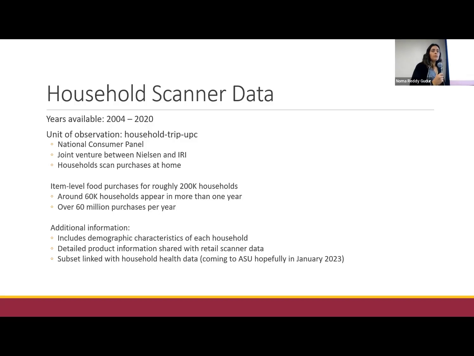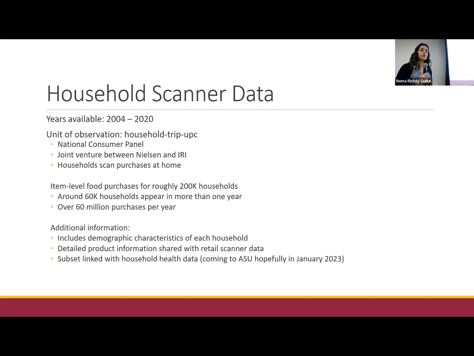Most of the time we need more than 1 year of data. A lot of the papers published in this space are looking at natural experiments, and sometimes those outcomes are only realized years after a particular event happens. So being able to track households from 1 year to the next is really important.